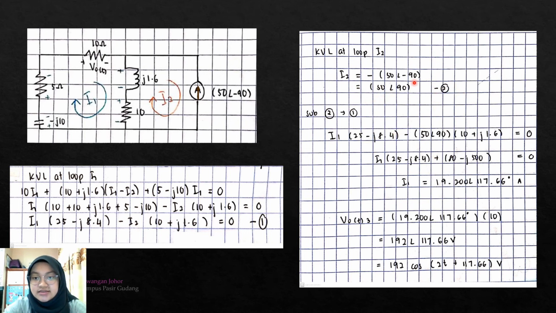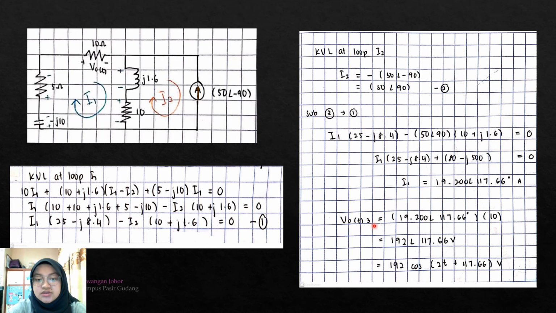Then this is the value of I2, and I substitute it into the equation from KVL at loop I1. So I substitute the value of I2, then I got the value of I1, which is 19.2 angle 117.66 degree ampere. Now that I have the value of I1, I can get the value of V naught.